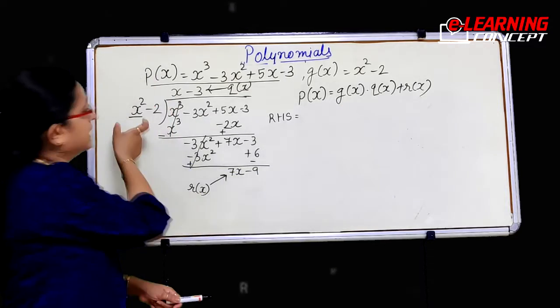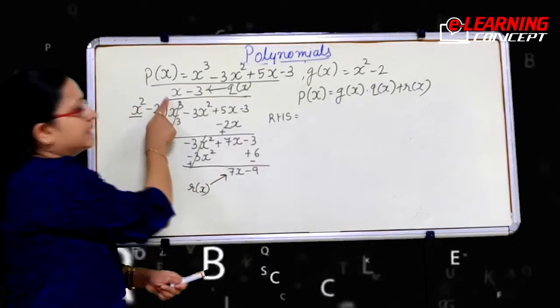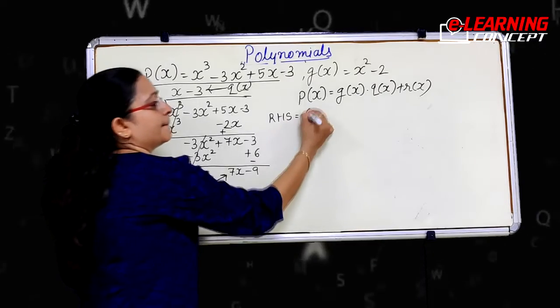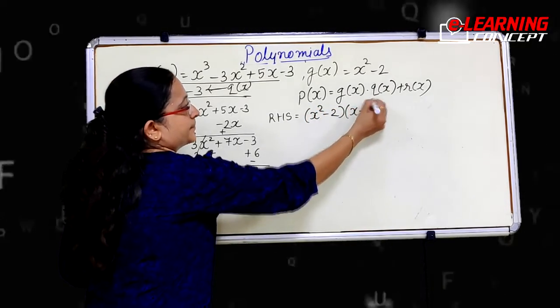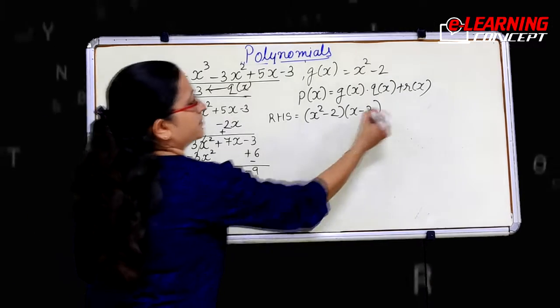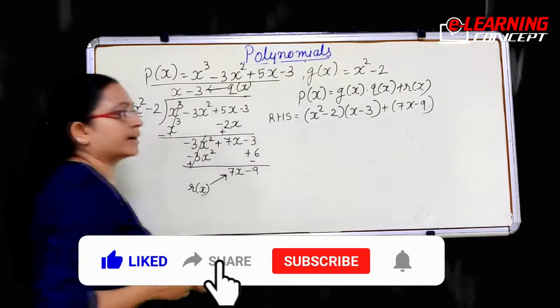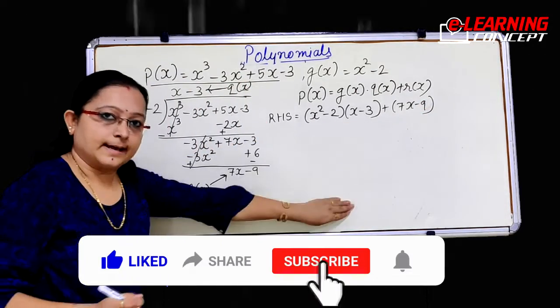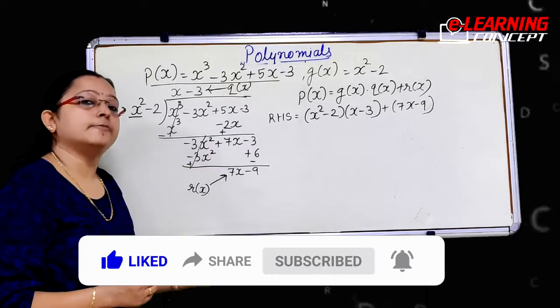G of x, that is x square minus 2, into q of x, that is x minus 3, plus r of x, that is 7x minus 9. So we should check whether, on simplifying RHS, we get p of x back. Then it will be verified.